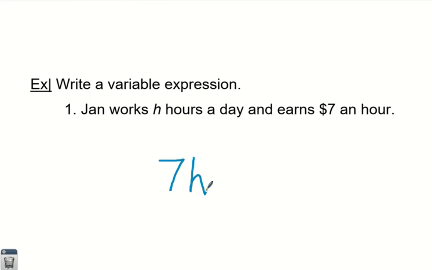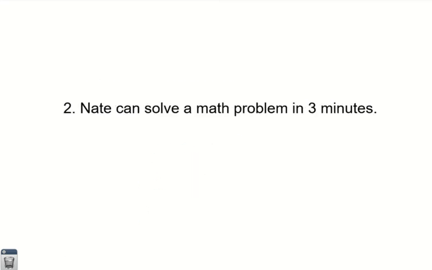If you worked 7 hours, wouldn't you do $7 times 7 hours to get your total pay? Well, just treat H like a number. 7 times H. You're still doing dollars an hour times hours. So here's the variable expression, 7H.